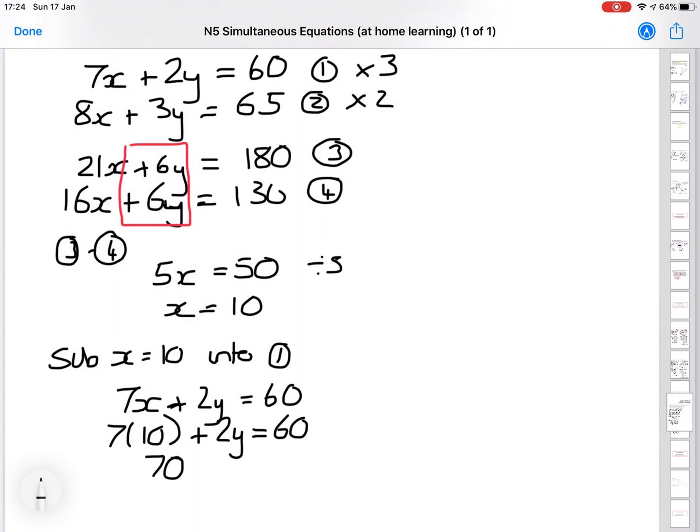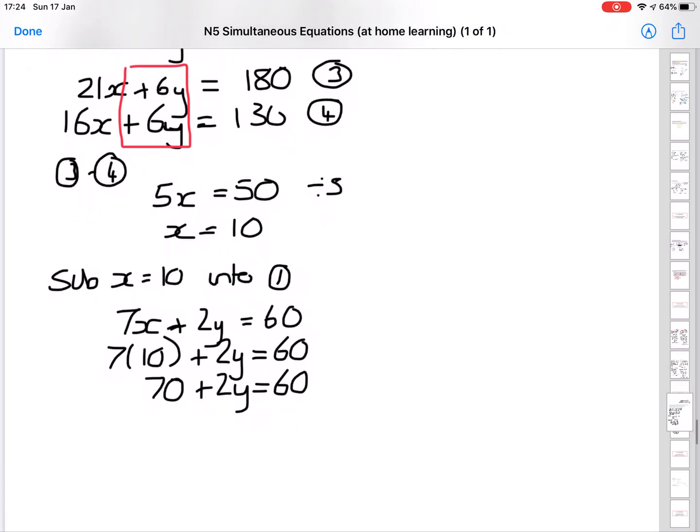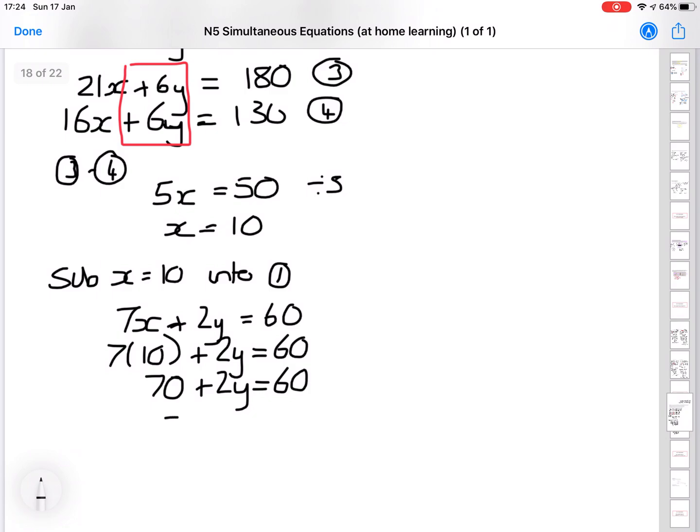That gives me 70 plus 2y equals 60. Solving for the y term, we subtract 70 from both sides, which leaves us 2y equals minus 10. Then dividing both sides by 2, we get y equals minus 5.